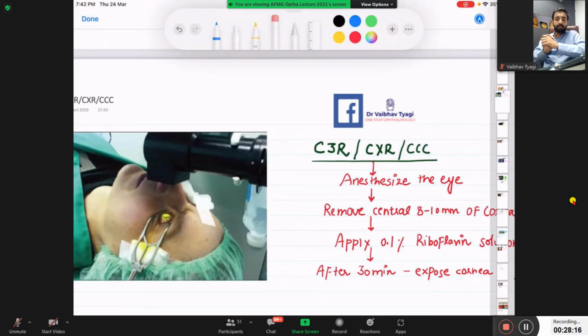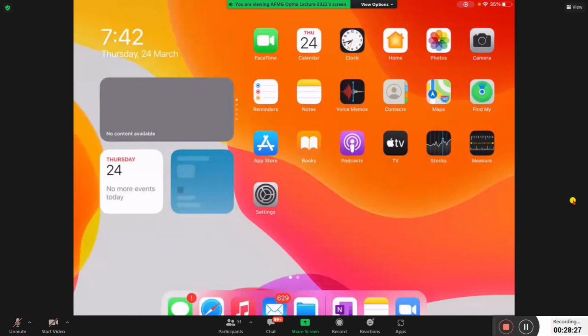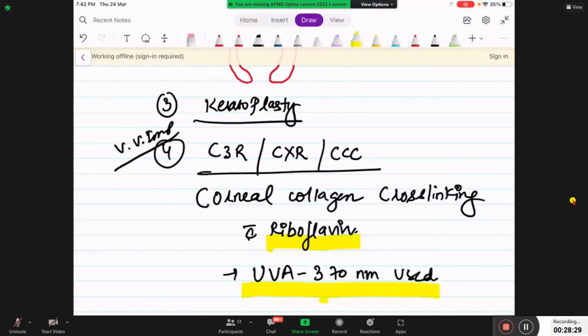So if they ask you which is the standard treatment for keratoconus, answer will be C3R. Like gold standard investigation was corneal topography, similarly, the treatment of choice will be C3R.